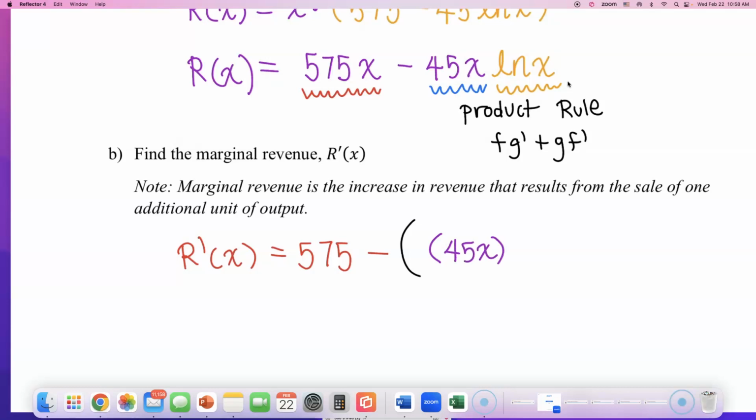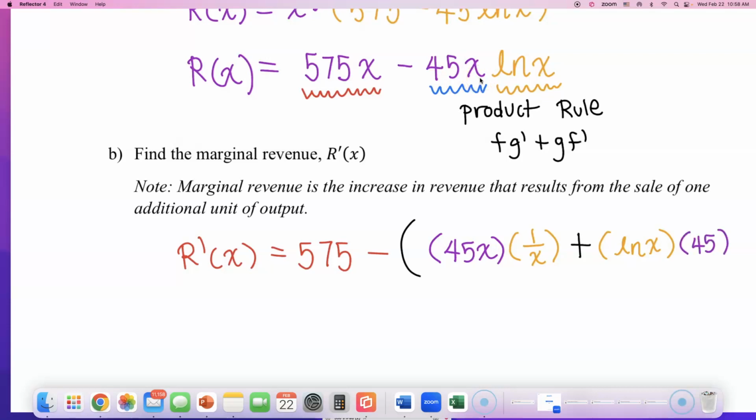Now g is natural log of x. What is the derivative of natural log of x? 1 over x. Write that down. Plus, write down g. g is natural log of x. And I'm multiplying this by the derivative of 45x, which will be 45.